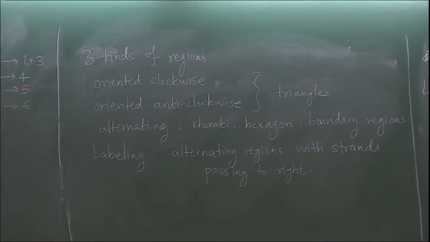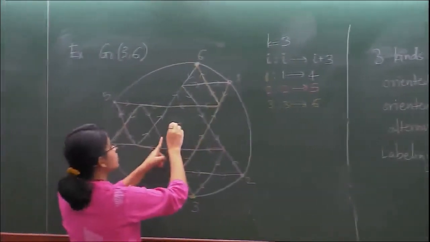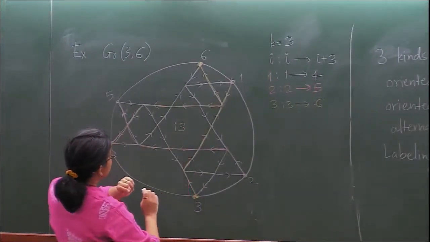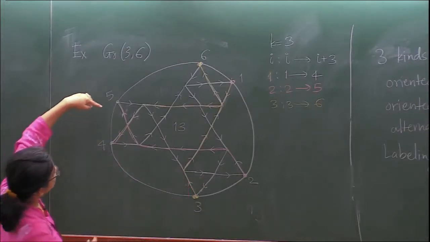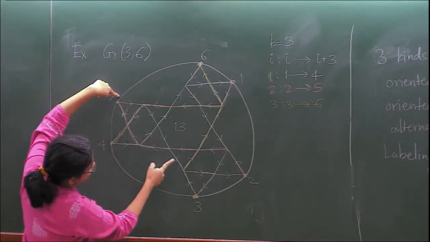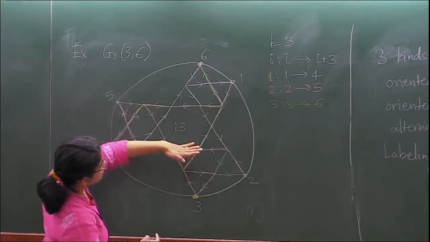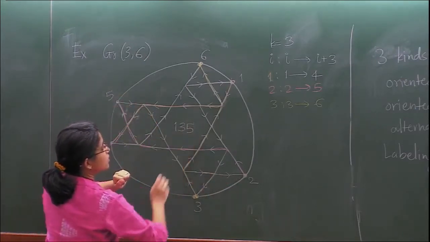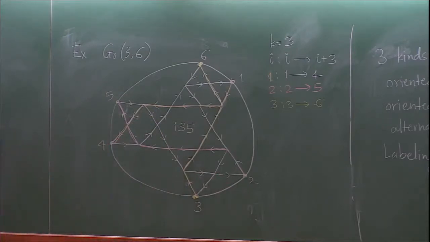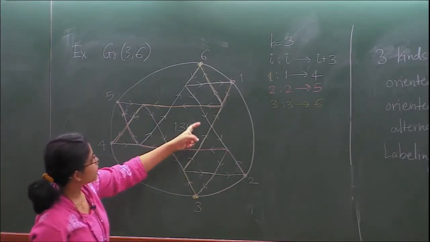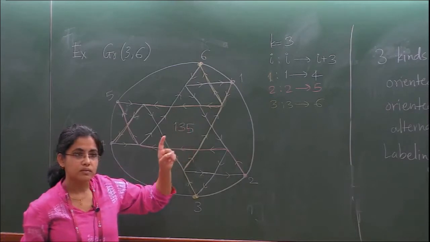If I'm traveling on strand 1, then this region is on the left, so it will have a 1. And if I'm traveling from 5 to 2 on this strand, then this region is on the left, so the label of this region is 135.